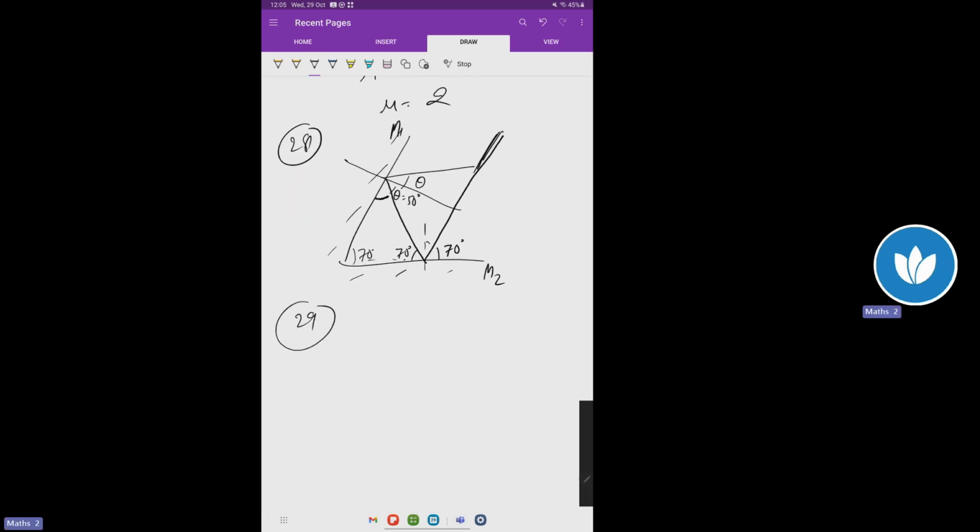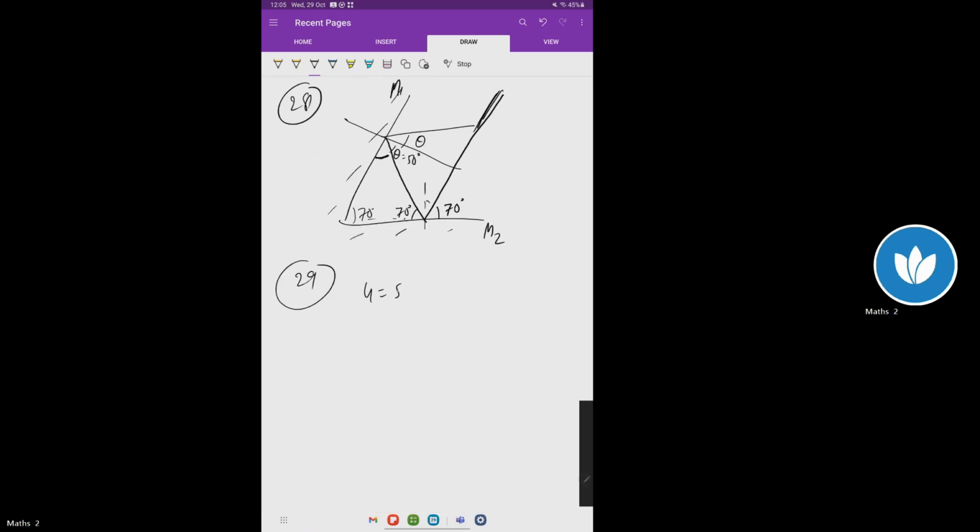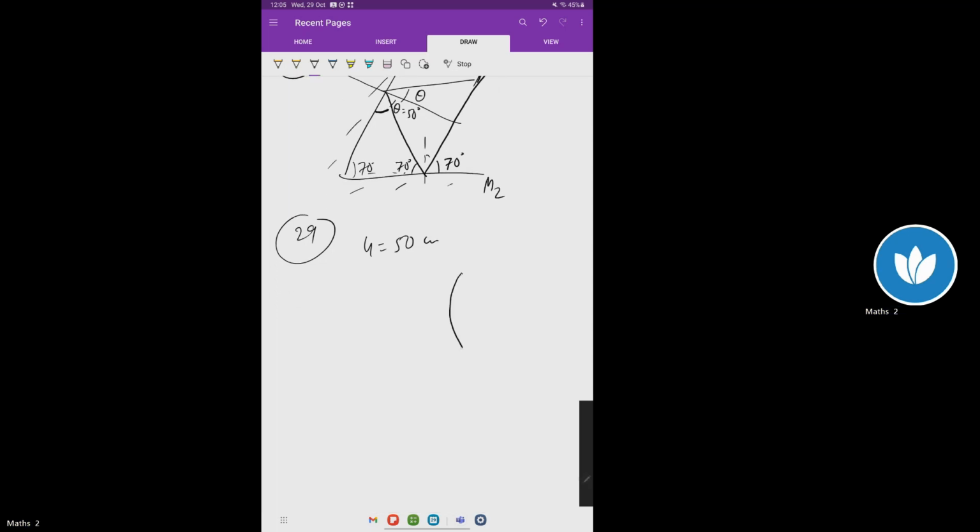29. An object is placed in front of a convex mirror at a distance of 50 centimeters. A plane mirror is introduced, covering the lower half of the convex mirror. This is the convex mirror.